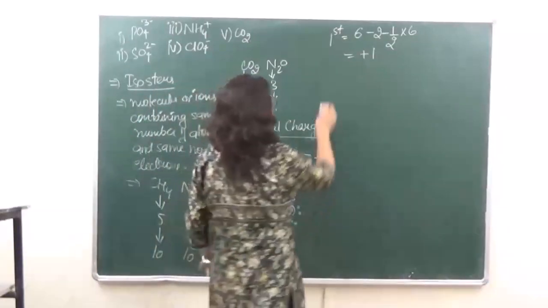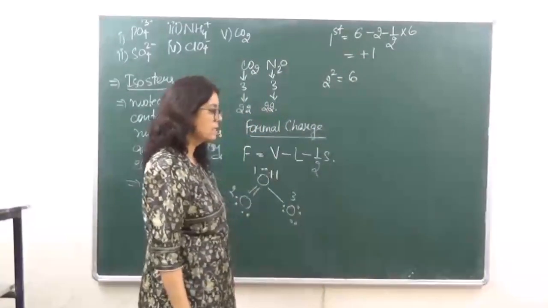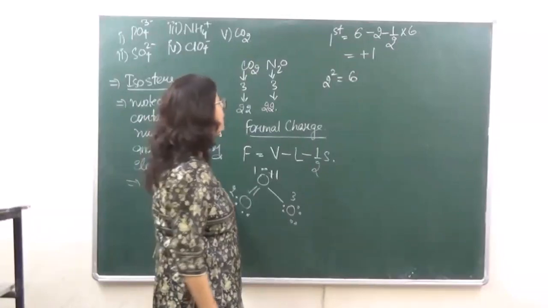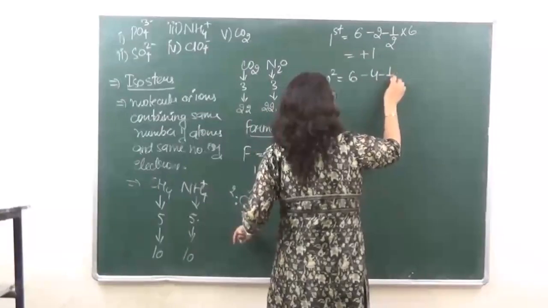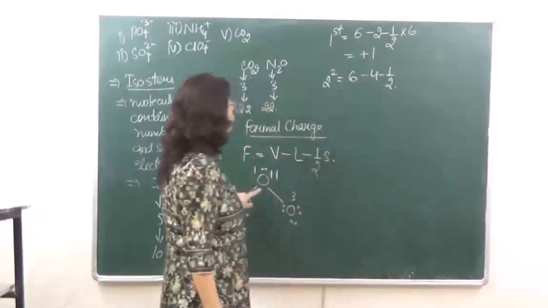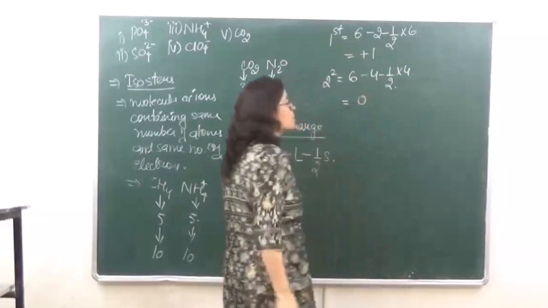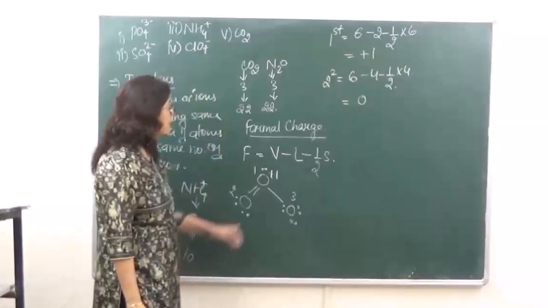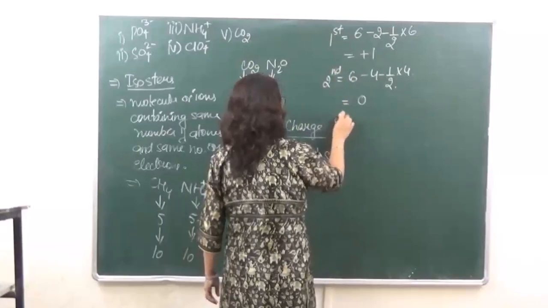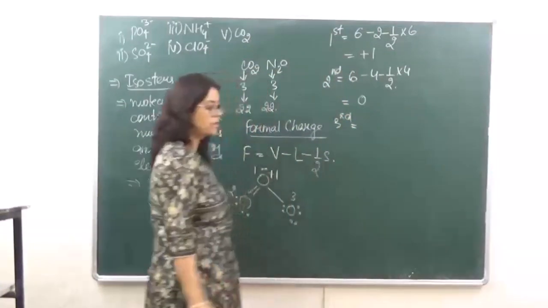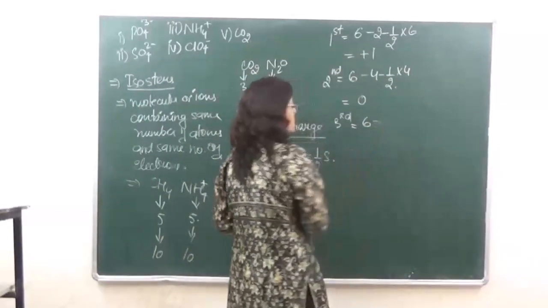Let's go on to oxygen number 2. Again, valence electrons are equal to 6. ठीक है? और lone pair कितना है? 1, 2, 3, 4. Minus half of shared pair, कितना है? 1, 2, 3, 4. So when we calculate, this comes to 0. ठीक है? Then we go on to the third oxygen. In case of the third oxygen, again valence electrons are 6.